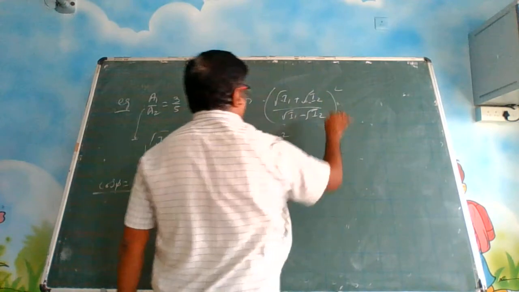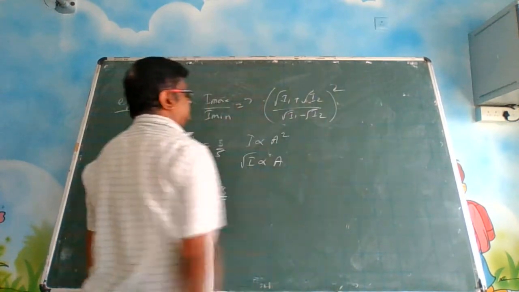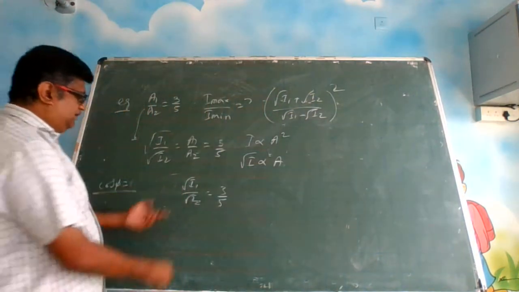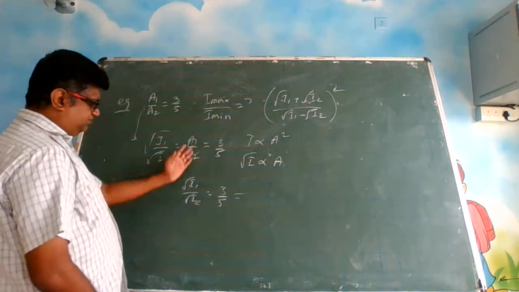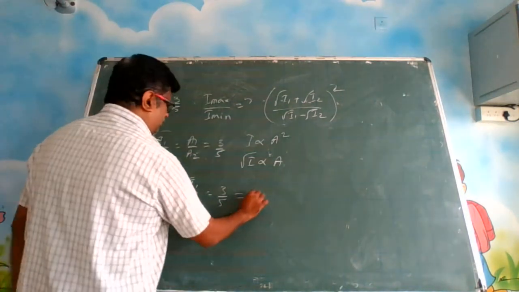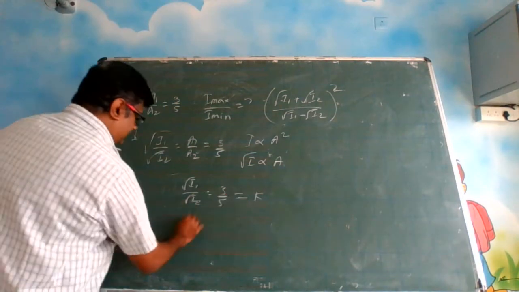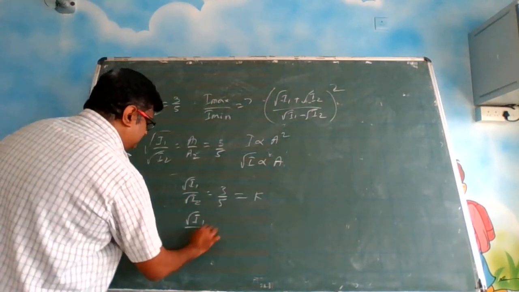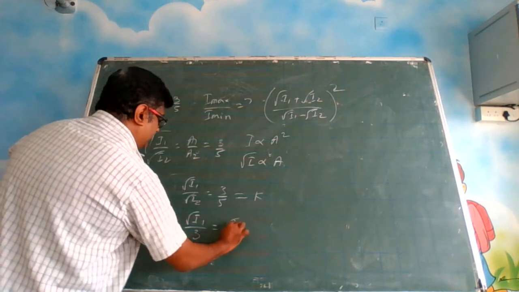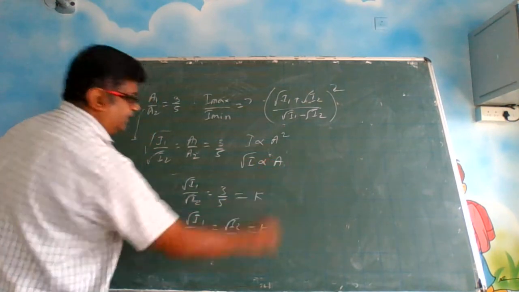This is what you got, and this is what you have to crack. Now this ratio is equal to this ratio. Let's call it equal to some constant. So can this equation be written like this? Root over I1 by 3 is equal to root over I2 by 5 is equal to k.